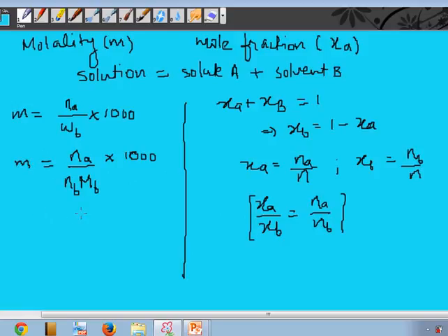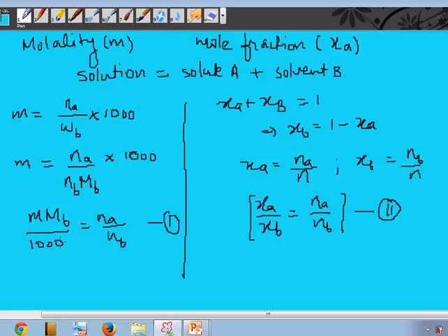So molality multiplied with molar mass of solvent divided by 1000 is equal to Na by Nb. Here also I have Na by Nb, so I can simply equate these two fractions. I can say that 1 is basically equal to 2.